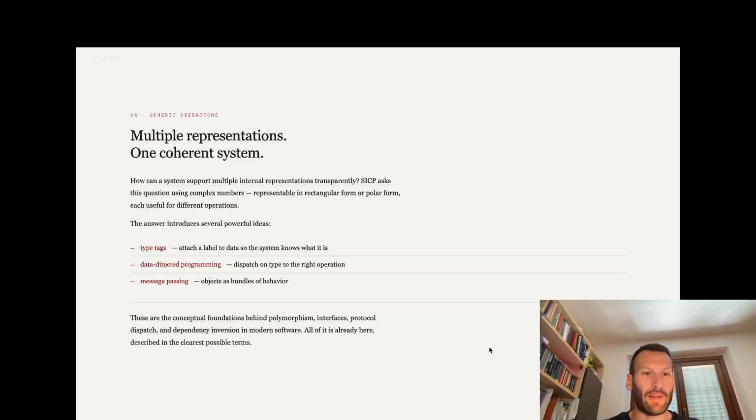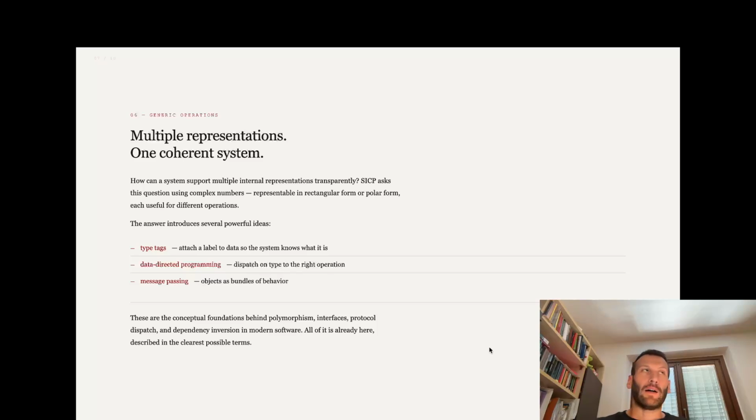The first one is type tags, so the idea that you can attach a label to data so the system knows what it is. The second is data-directed programming, so basically dispatch on type to the right operation. And the third, which is only mentioned in the book, while the other two are presented through examples and discussed extensively, is message passing, so basically treating objects as bundles of behavior.